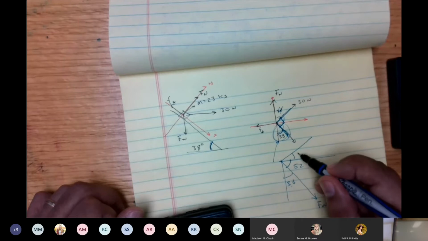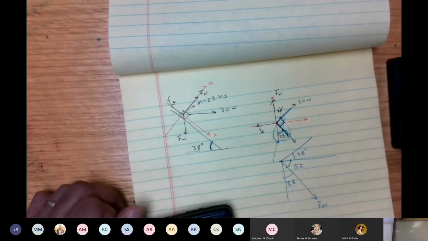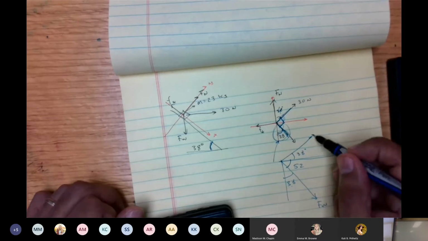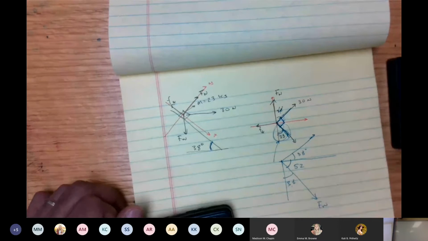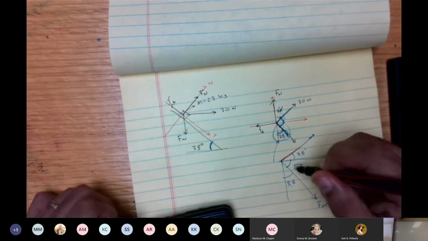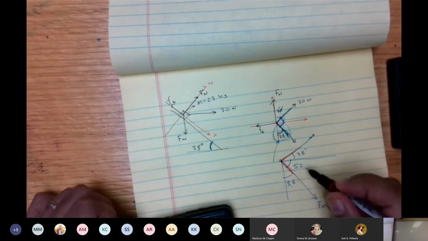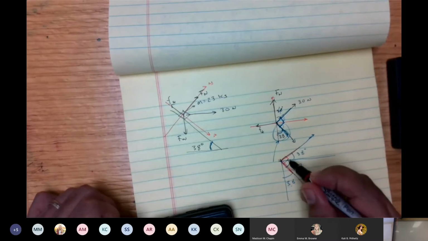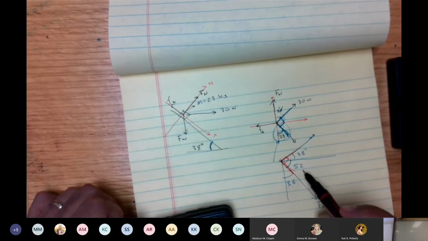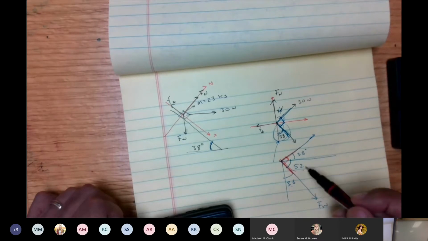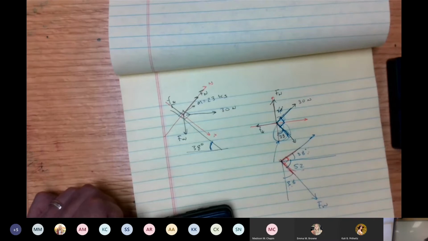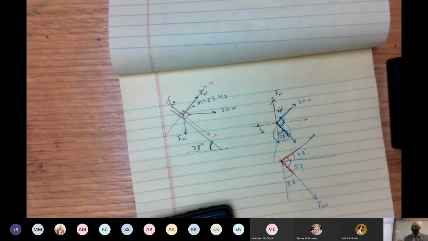Sorry about that. And that's going to be 38. Yeah, so between this vector and this vector, you need to have 90 degrees. So if this is 38, this is going to be 52, and then you subtract 90 minus 52, and then you're going to end up the same. Make sense? Ish?